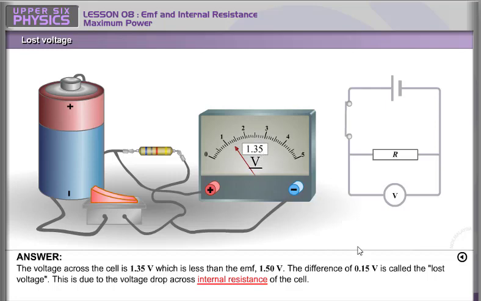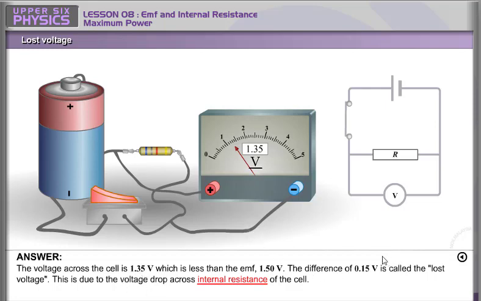So where is the loss? This loss is due to the voltage drop across the internal resistance of the cell. Inside the cell itself there is an internal resistance. Every cell will have an internal resistance. So the voltage that actually comes out is around 1.35.